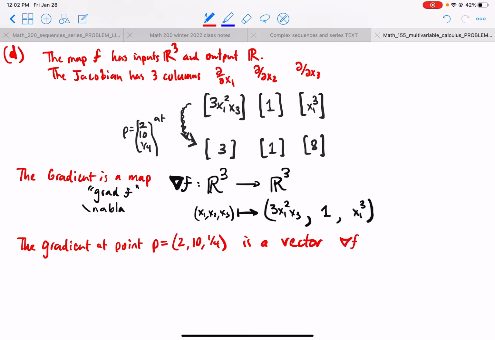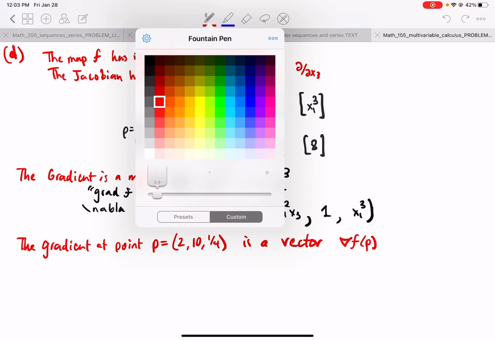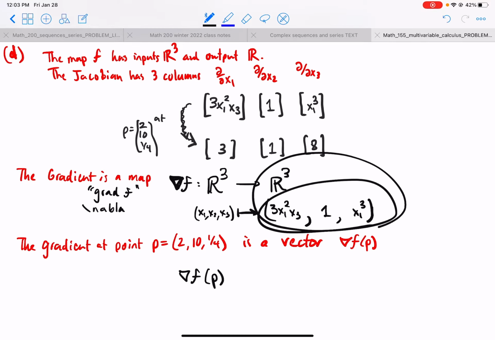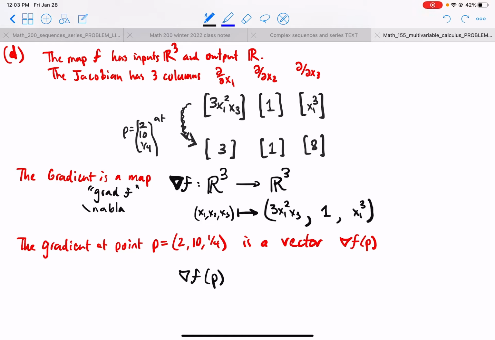The gradient at a point, grad f at p, I just plug in a point and I get a vector in this output space, R3. So that's easy enough. I'll do the formula. Grad f applied to the point P is just this output. So I already even computed it, (3, 1, 8). It is a vector.